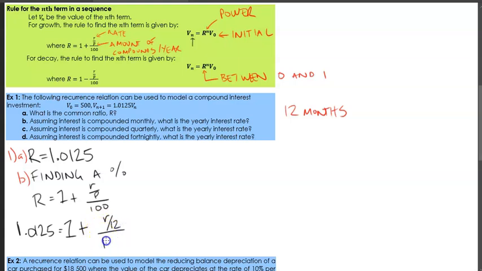And this is all over 100. So when you're in this situation, you can either solve this algebraically using your algebraic rules, or you can use your ClassPad calculator using the solve function. That's what I'm going to do in this situation here.